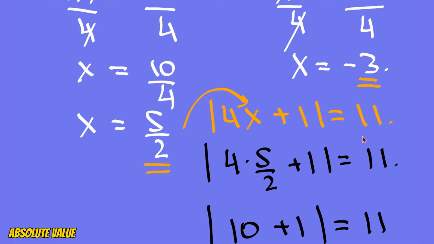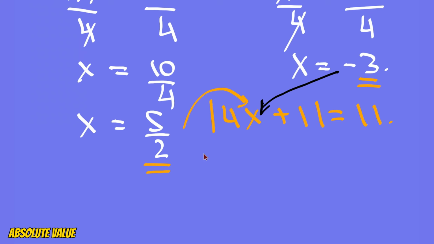And in this particular case, we have one more answer. It's minus 3 we have. So I'm going to put this minus 3 right into this equation. Okay, let's do that. What we are going to have, the absolute value of 4 multiplied by minus 3, right? Plus 1 equals to 11.